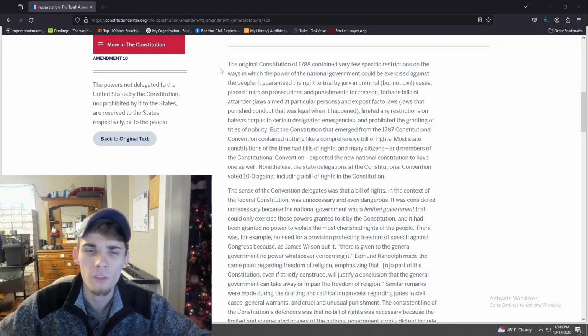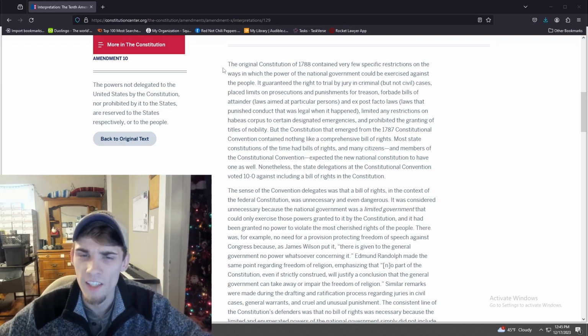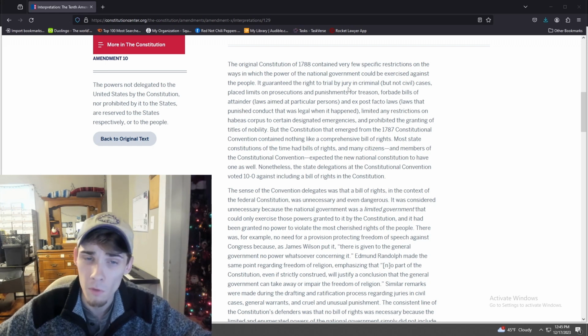Okay, so the original Constitution of 1788 contained very few specific restrictions on the ways in which the power of the national government could be exercised against the people.